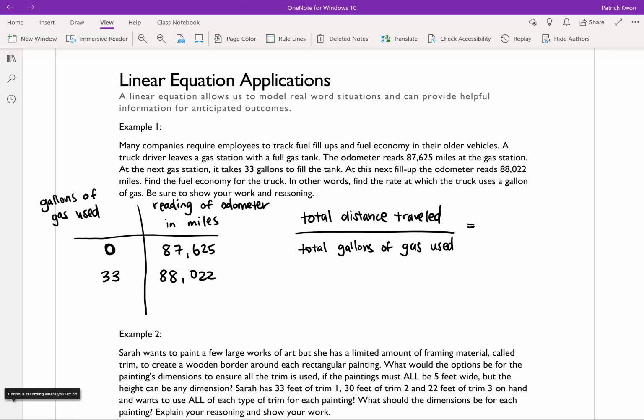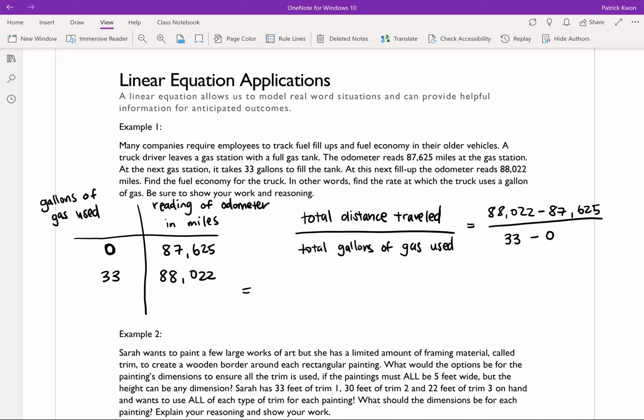If our odometer has these two readings, we want to take the higher one and subtract off the lower one to figure out the distance that we traveled. And then at the fill up, we ended up using 33 gallons, and initially we used 0. So we want to go ahead and calculate that.